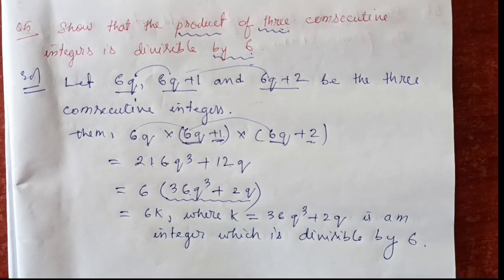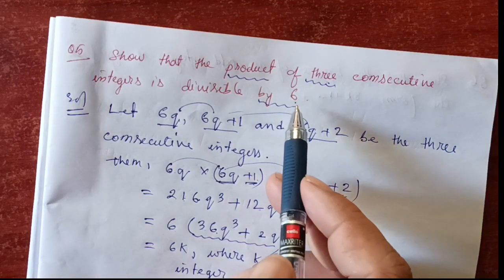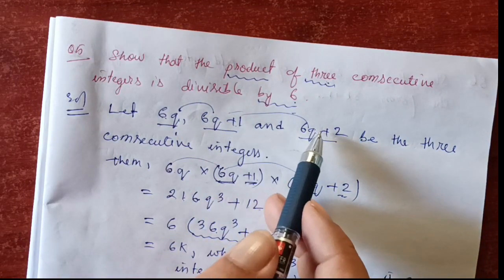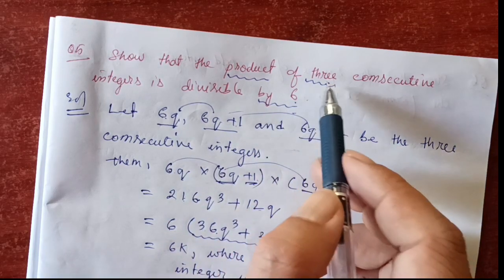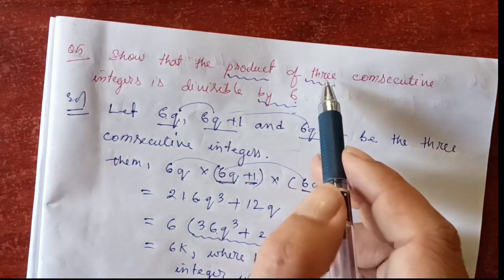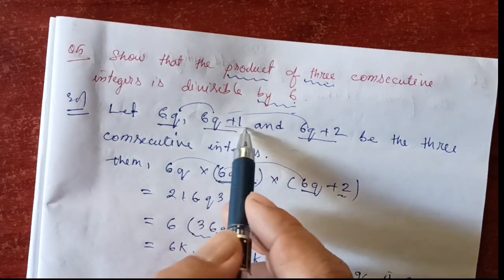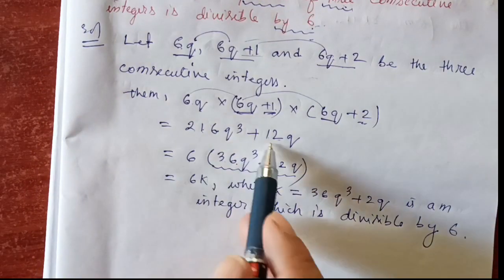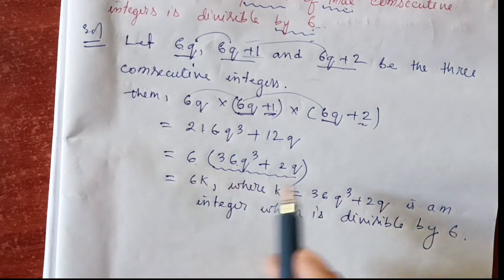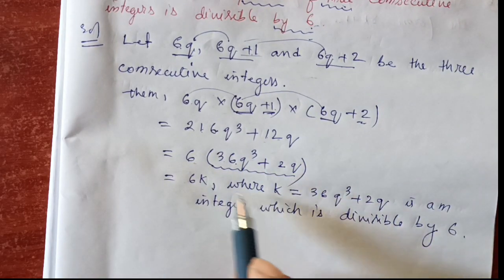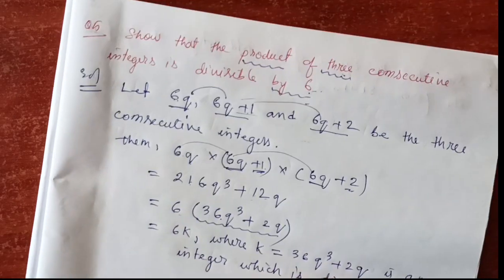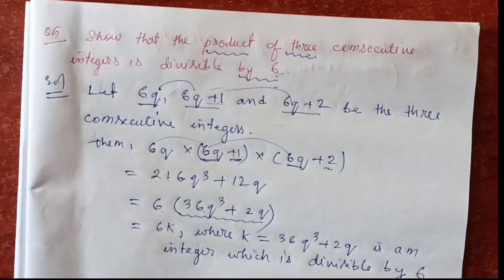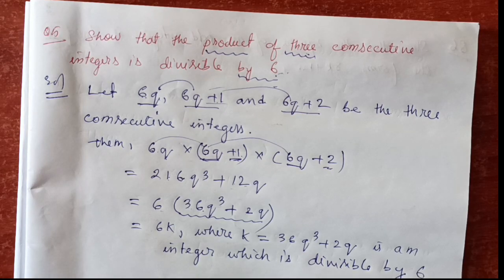Okay, I hope you're clear with this question. All right, since it says 6, so take 6q plus 1, 6q plus 2. We write only 3 times because the question says write only 3, right? So 1, 2 and 3, so it should be divisible by 6, so the answer we divide by 6, and the numbers which are inside the bracket you replace with k. Okay, so again let us go to the next question, so that you understand more.